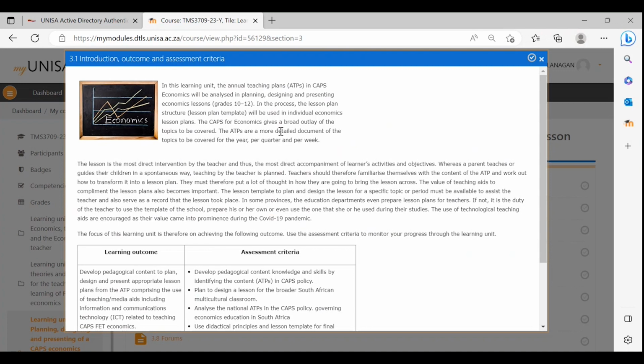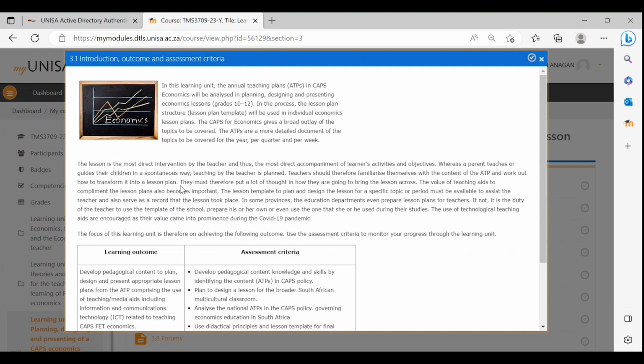This is very important, where a parent teaches or guides their children in a spontaneous way, teaching by the teacher is planned. Teachers should therefore familiarize themselves with the content of the ATP and work out how to transform it into a lesson plan.